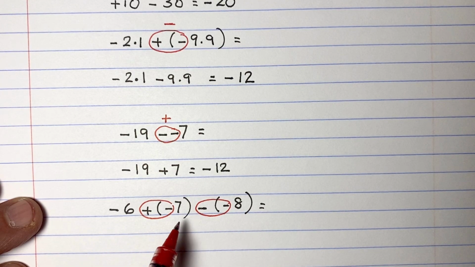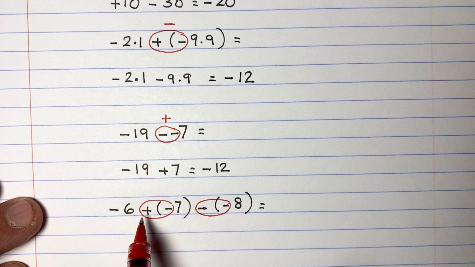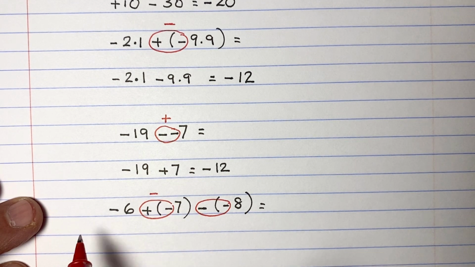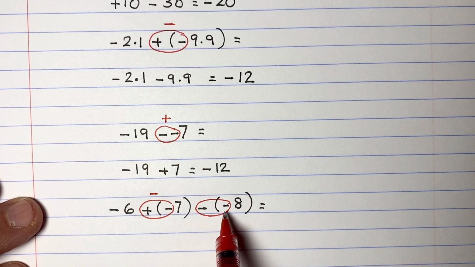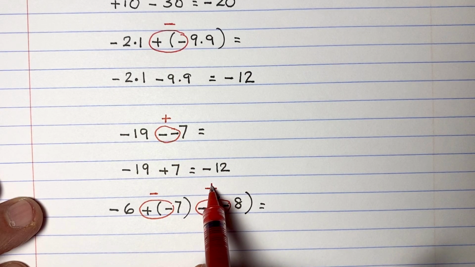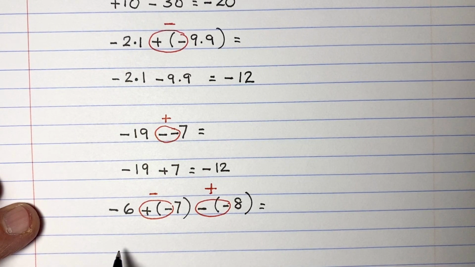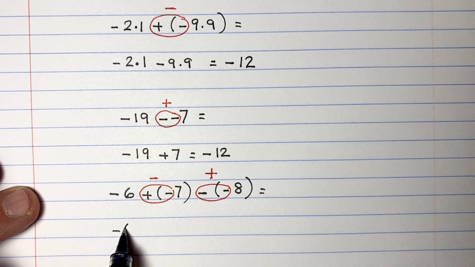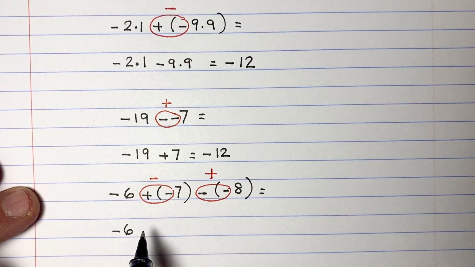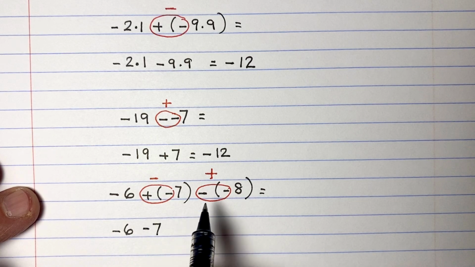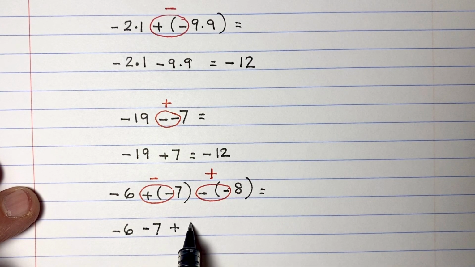You need to reduce them to a single sign. Plus times minus, or positive times negative, is negative. And negative times negative is positive. So I'm going to write these numbers with only one sign. So we have negative 6, negative 7, positive 8.